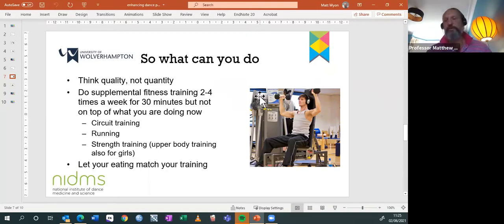Strength training is important. We need to get you stronger. Now, again, there's this myth: if I do strength training, suddenly I'm going to look like a bodybuilder. You don't. And this comes down to making sure the person who's going to give you the strength training knows what they're talking about.